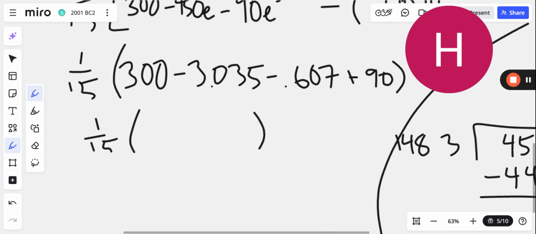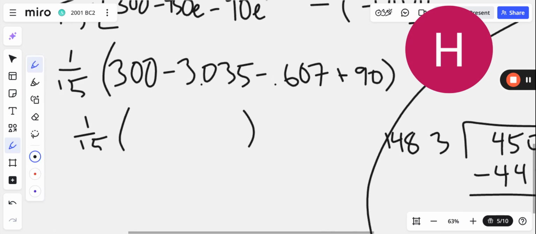So all the hooligans that were laughing at me, maybe I'm on the right track now. So this would be, let's see, 3. I guess I could have just added 180 to that. This is going to be 390 minus 3 is 387. 386.965. 386.358.